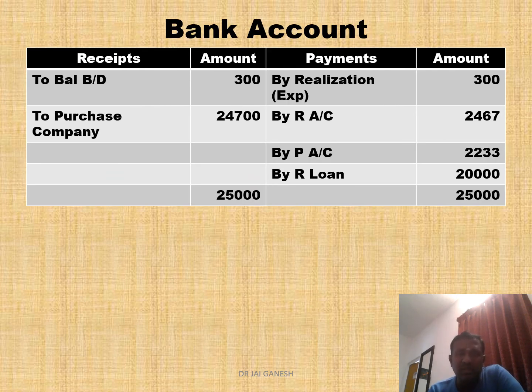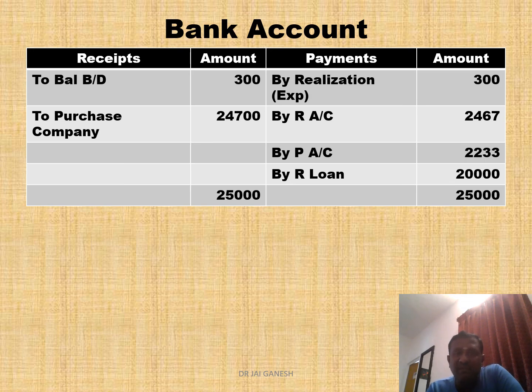Bank account receipts are recorded in the debit side. So first bring down the cash balance in the balance sheet as balance brought down. Then the purchasing company pays the PC in the form of cash, 24,700. That you are supposed to take here.